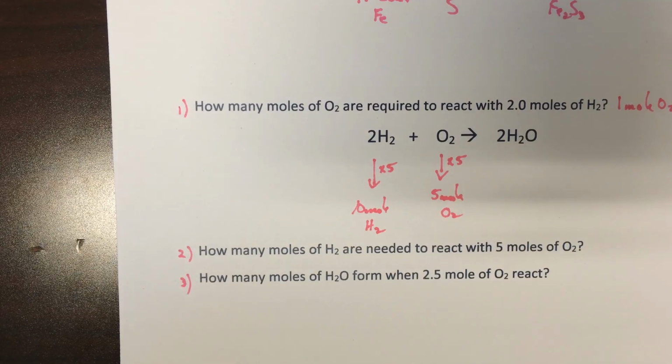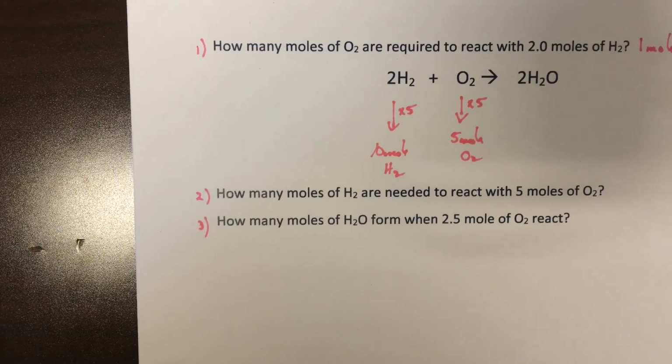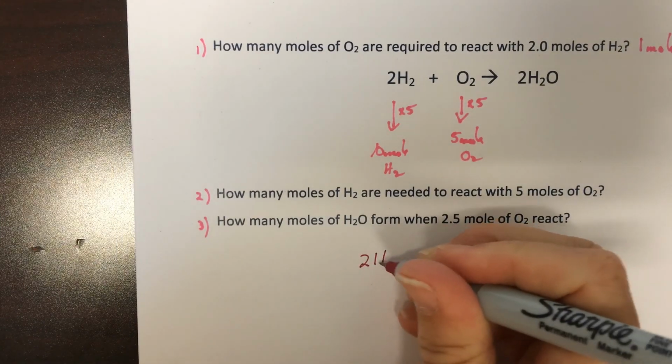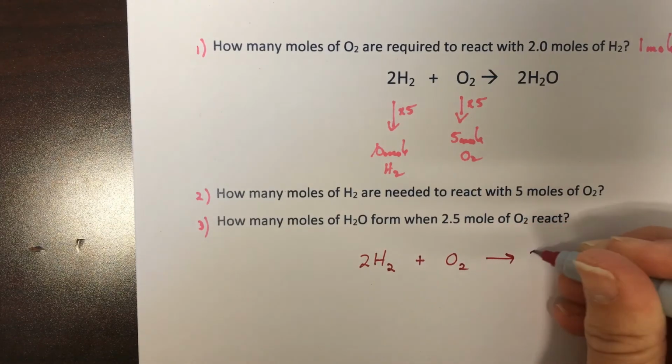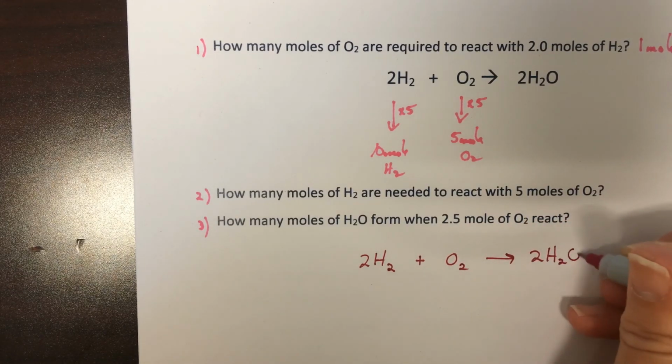The last one is how many moles of water form when 2.5 moles of oxygen react. I'll probably have to rewrite the problem for this. 2 hydrogens plus 1 oxygen makes 2 waters.